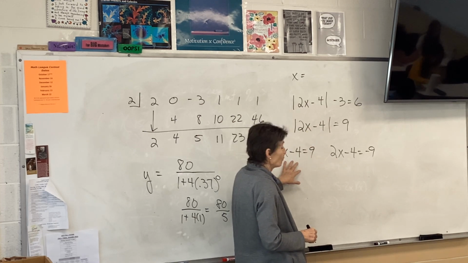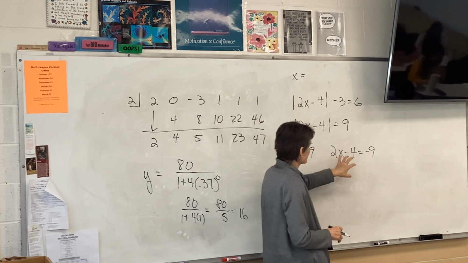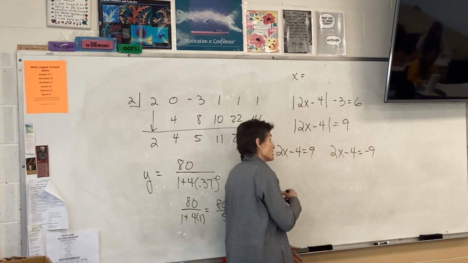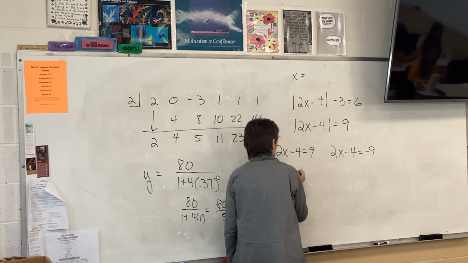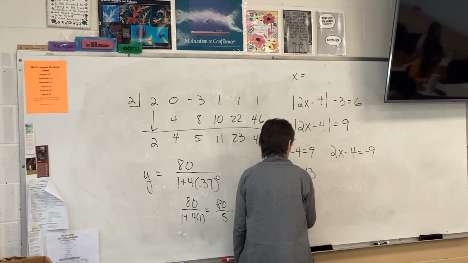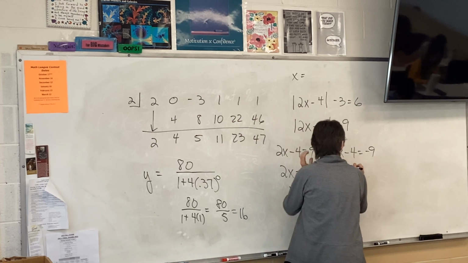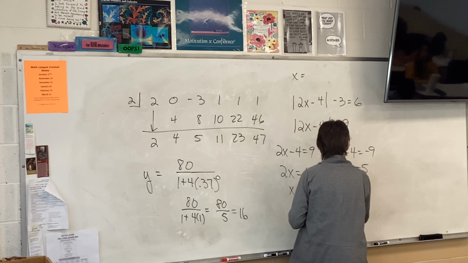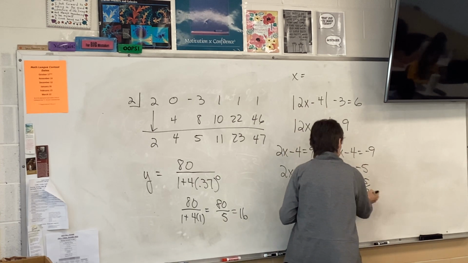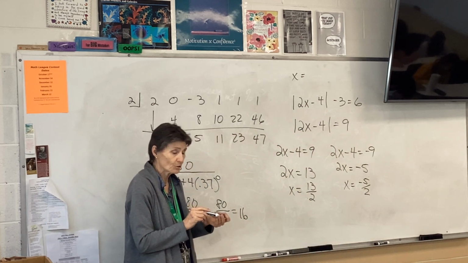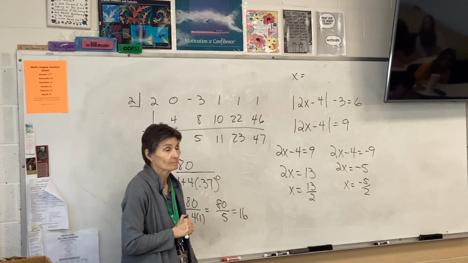It's 2x minus 4 equals 9. 2x minus 4 equals negative 9. And then I solve these. Just like regular solving. And whatever I get, that is the answer to the question.